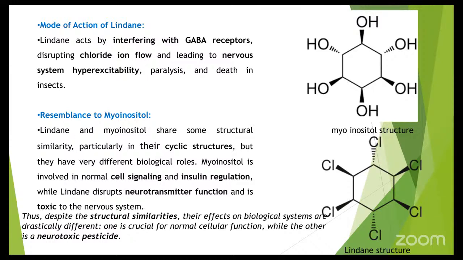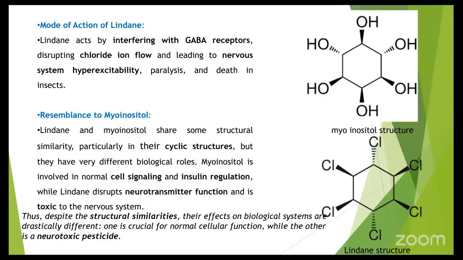Also, there is hardly any evidence to indicate that lindane acts by interacting with a specific enzyme, though as compared to DDT, it is a better inhibitor of the sodium potassium ATPase from American cockroach nerve cord. So lindane and myoinositol share some structural similarities, particularly in their cyclic structures, but they have very different biological roles.